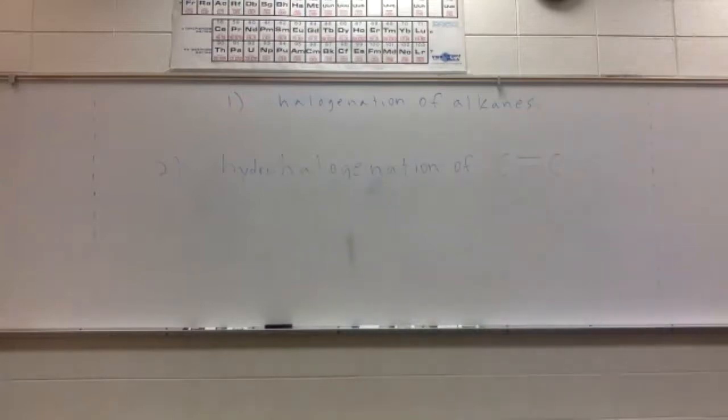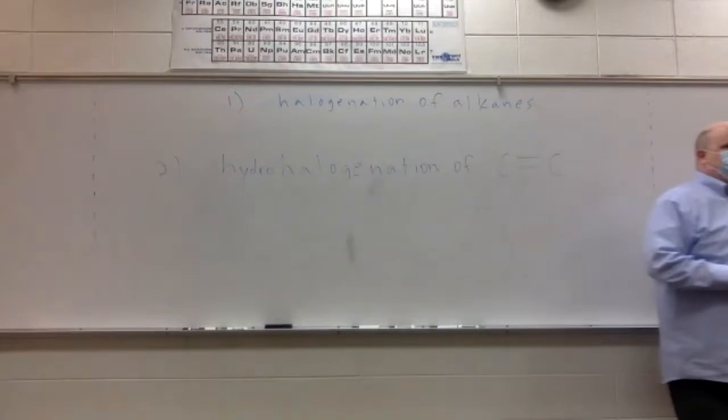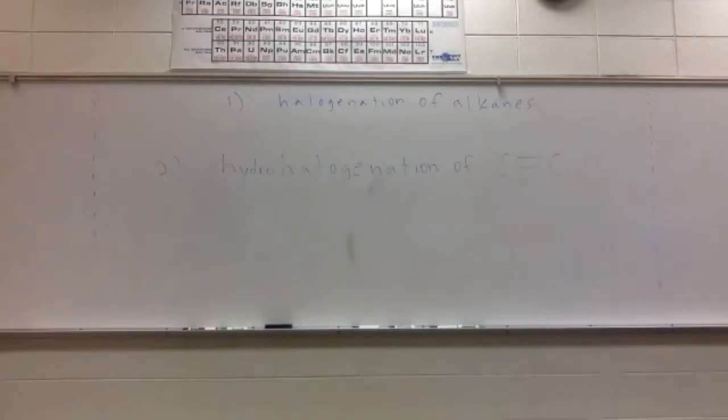We've done this before in a way, hydrohalogenation of carbon-carbon double bonds, but not free radically. You're going to see that doing it free radically gives you something a little bit different than you may expect from the ionic mechanism. Initially, our focus is going to be on number one, halogenation of alkanes.